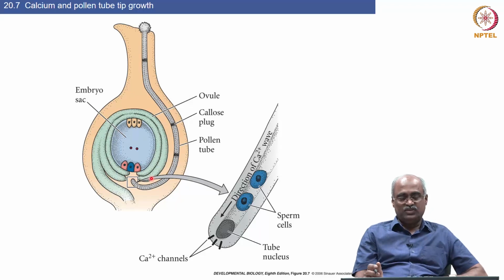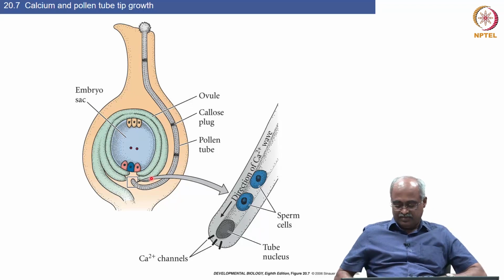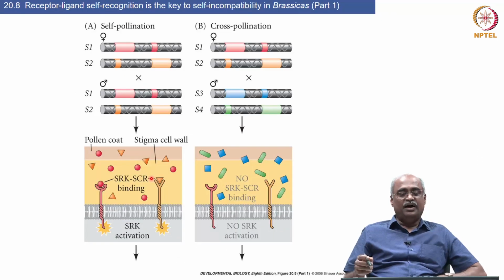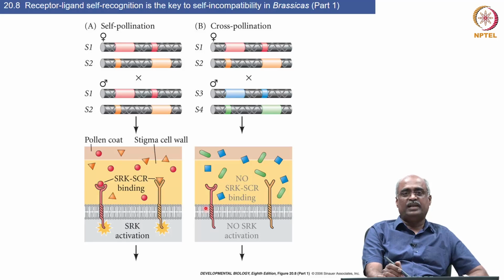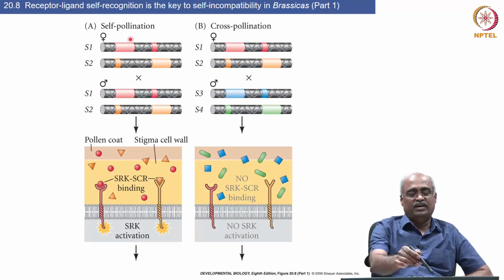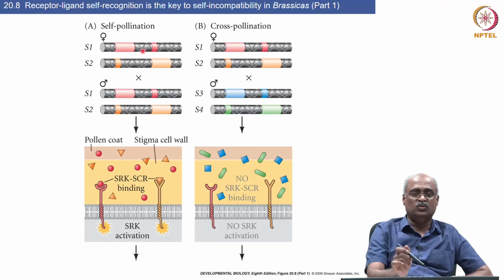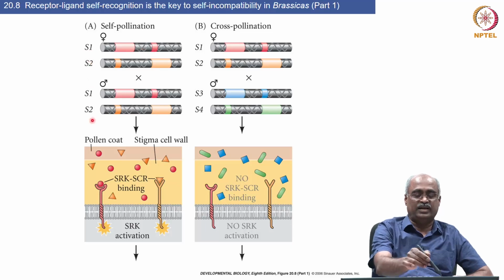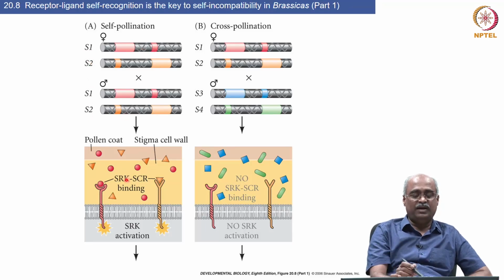And there is a fourth one which operates mainly in Brassica, where it has been extensively studied, and there you have a receptor-ligand recognition situation. So, for example, when you have a self pollination between two plants, one S1 S2 and the other one having the same allele, what happens is the pollen coat contains the ligands, which are cysteine-rich proteins, and that is why it is called SCR, and they bind to receptors which are serine threonine kinases.